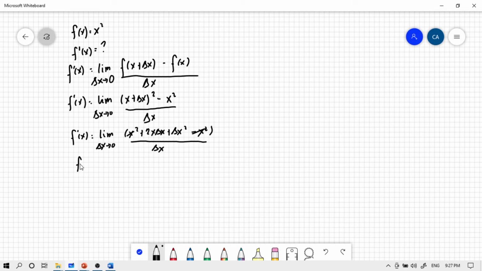So we have f prime of x equals the limit of 2x delta x plus delta x squared divided by delta x as delta x approaches 0.